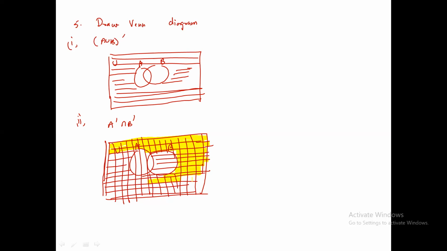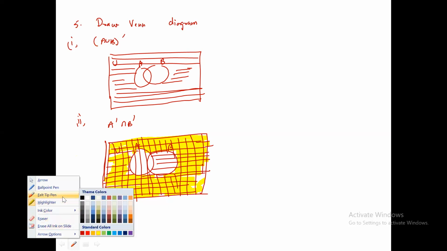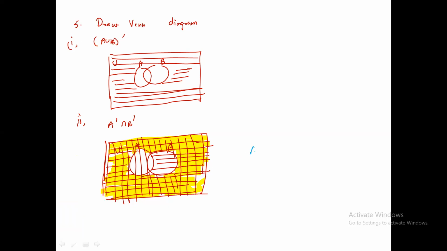The double shaded region you are seeing. So from these two, you can say A union B whole dash is same as A dash intersection B dash. That is De Morgan's law.